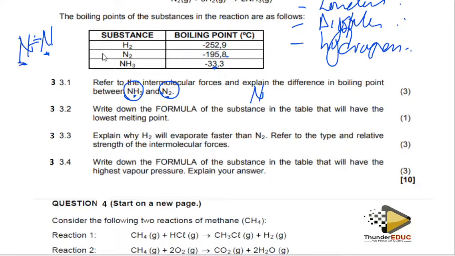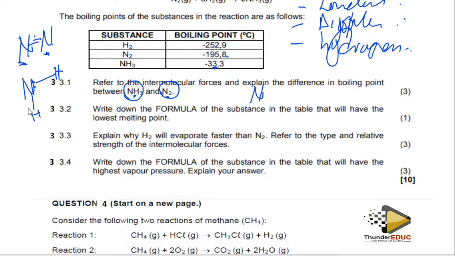So this one becomes a dipole, but the actual type of dipole, we can say that it's an induced dipole. Then what about this ammonia? In ammonia, nitrogen is very electronegative, and then it has a hydrogen now.